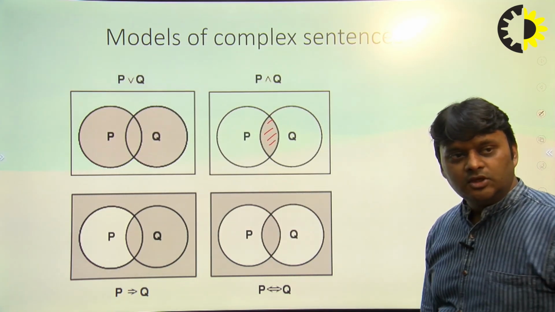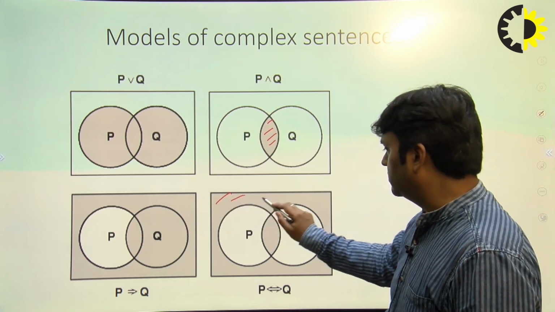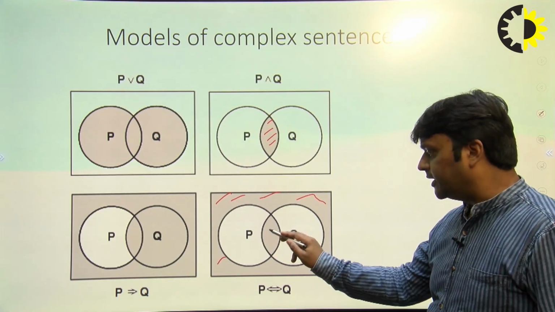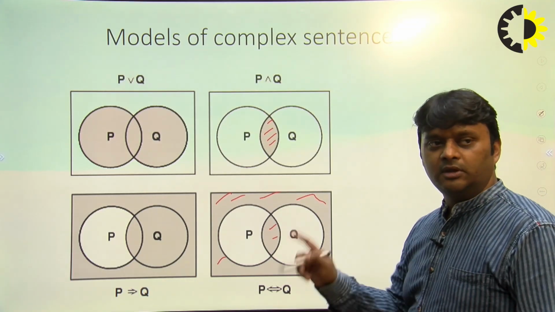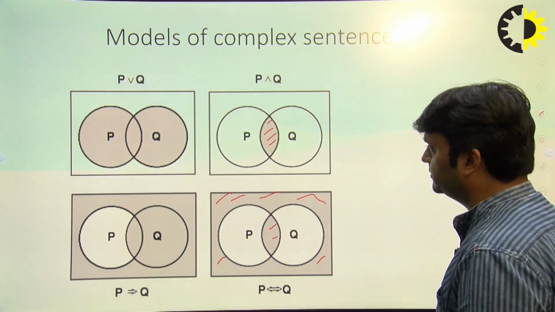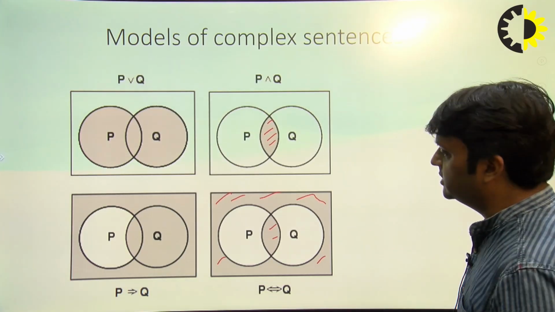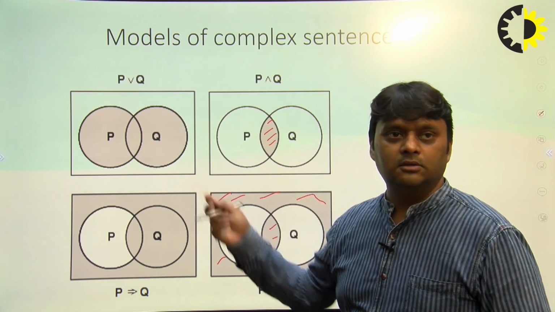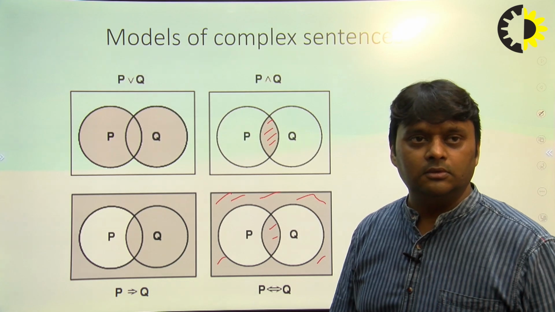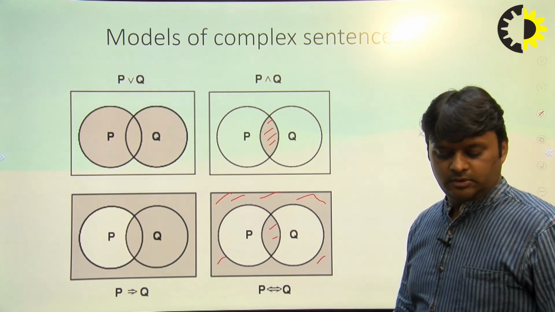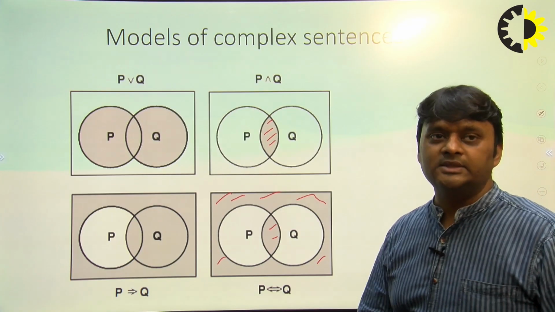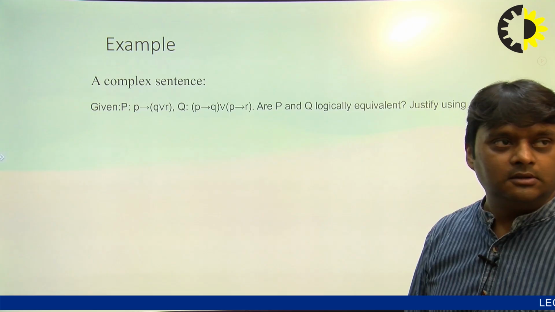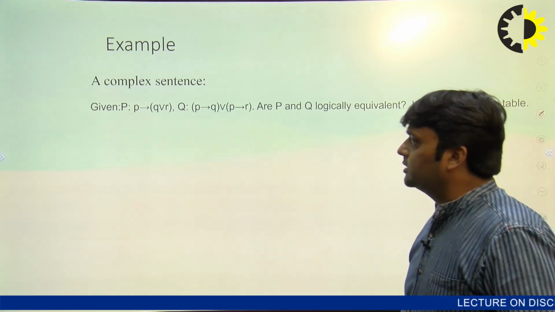P biconditional Q, the element belongs to the universal set or the common area in between P and Q. These are the complex ones. We use them in the design of complex sentences.